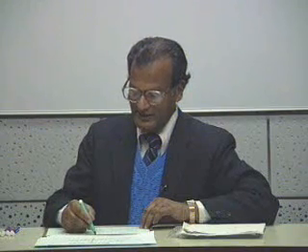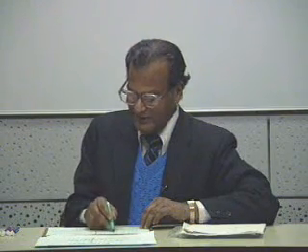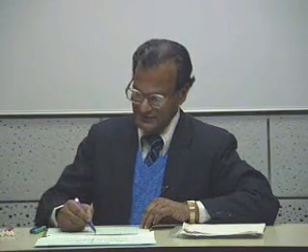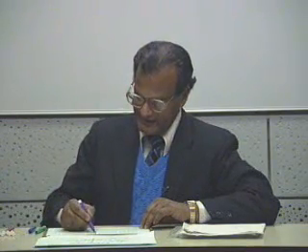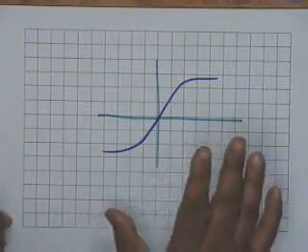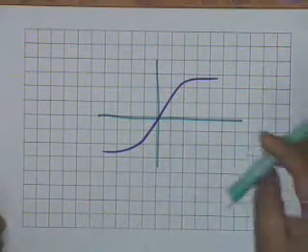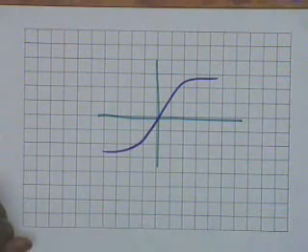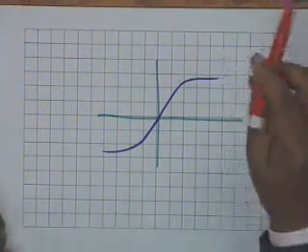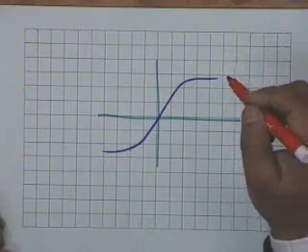One can also do this, as you will see later in electronic circuits. If I have a characteristic which is not linear, but let us say a characteristic like this, obviously this is not linear, but what one can do is approximate this by a number of straight lines.